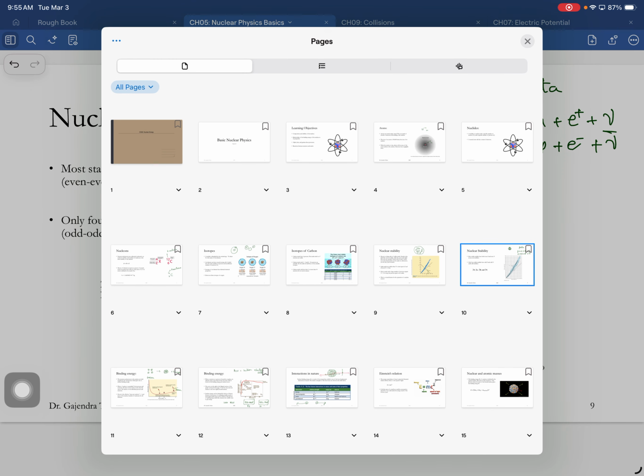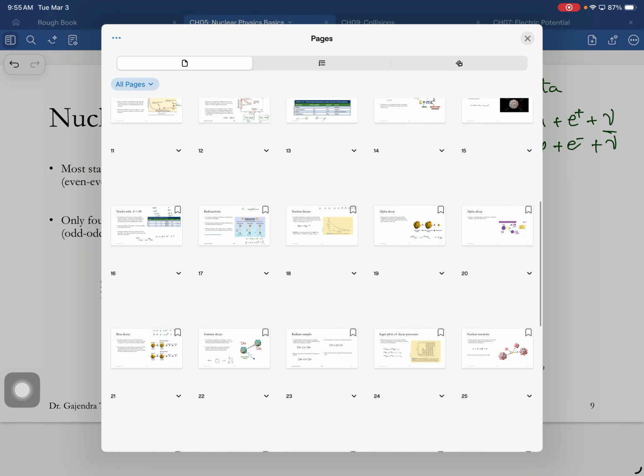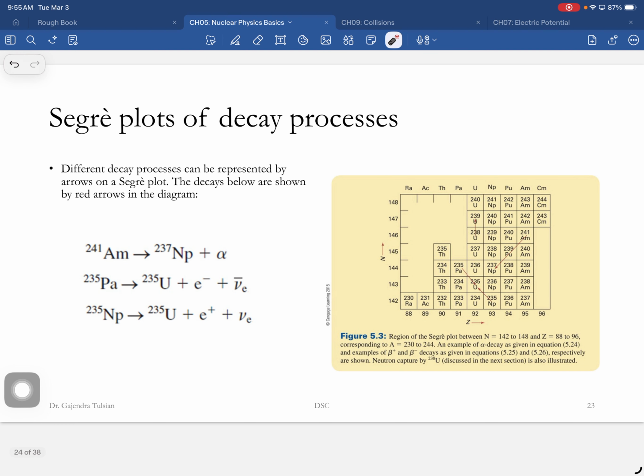So in this plot, when you emit an electron, you're going like this. When you're emitting a positron, you're going like that. Anyway, your ultimate goal is to land on the line of stability.